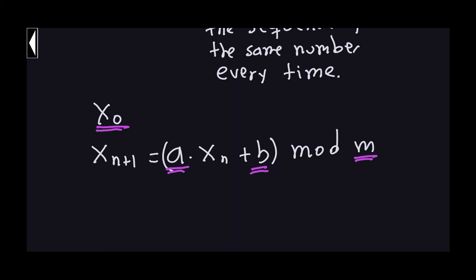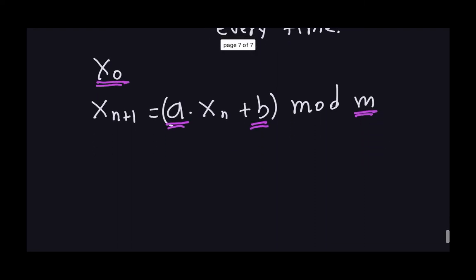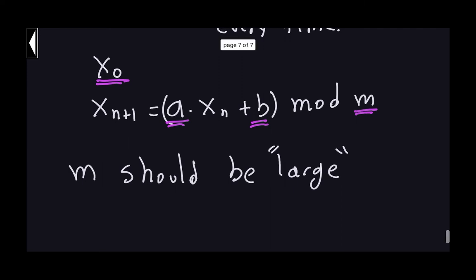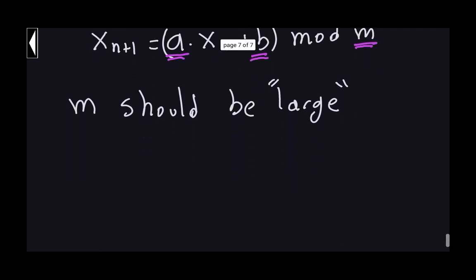One of the things you have to do to make sure that the cycle is long enough is that M should be a large number. So M should be chosen to be large. The reason is the following.